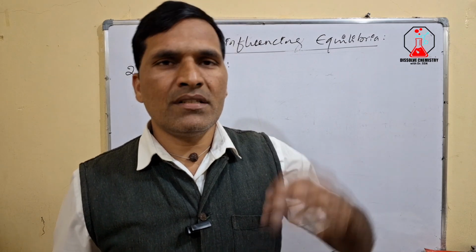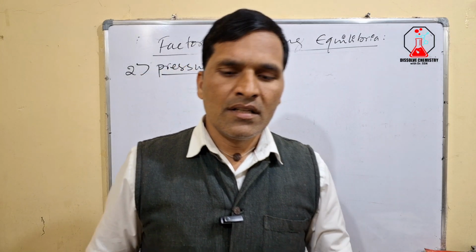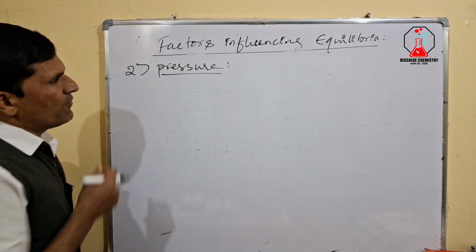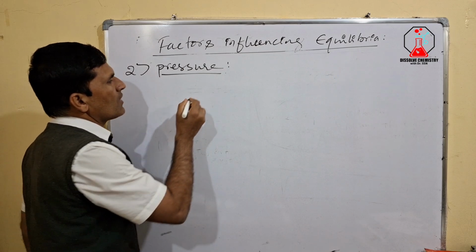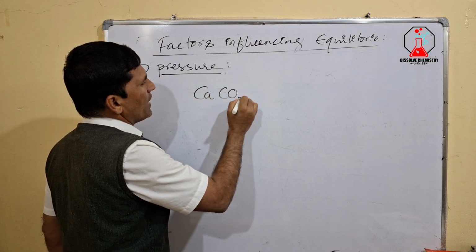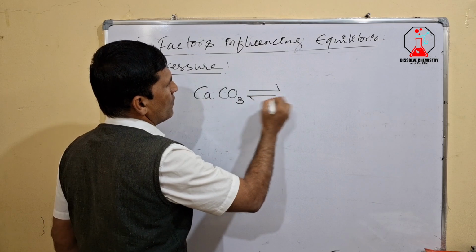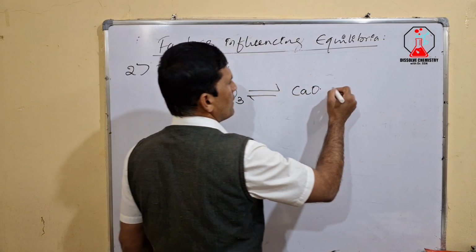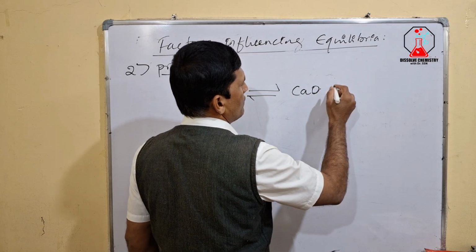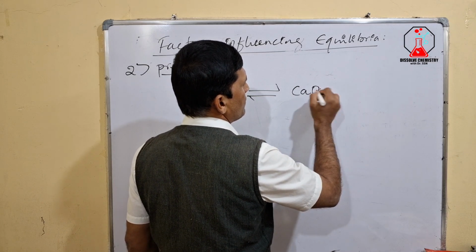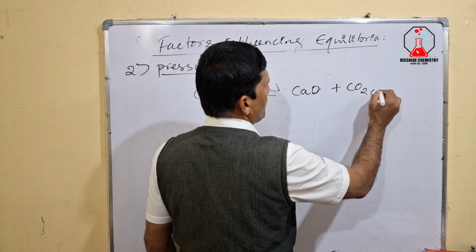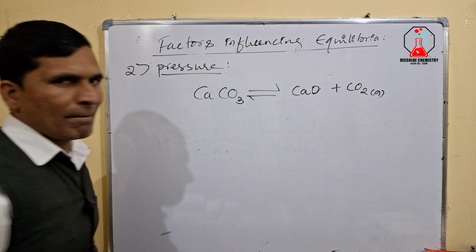Alteration of the pressure, increasing or decreasing, leads to shifting of the equilibrium in either direction. Say for example, there is a decomposition of calcium carbonate. We are fond of preparation of calcium oxide, which is one of the important components of cement. So therefore we need to manufacture this on a large scale. So therefore gas is there.